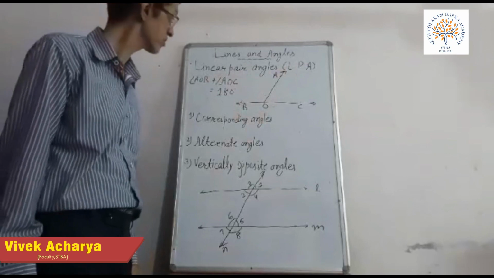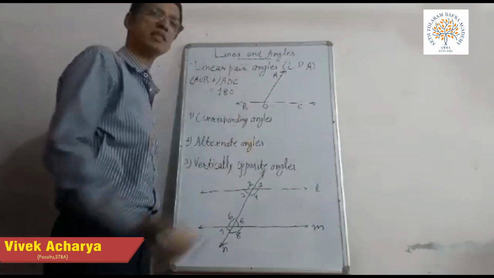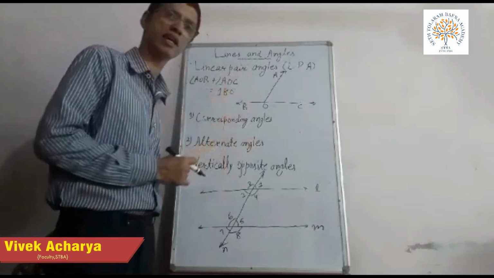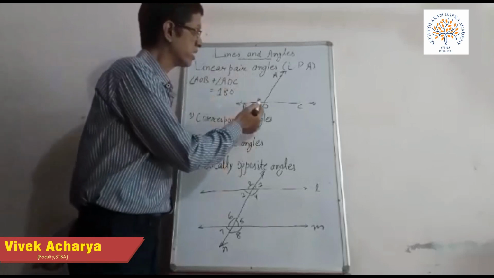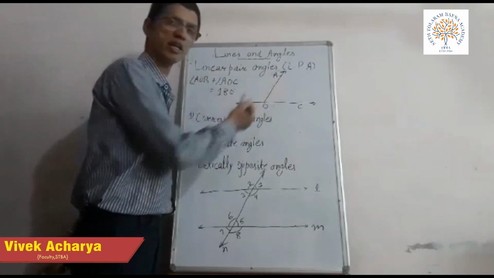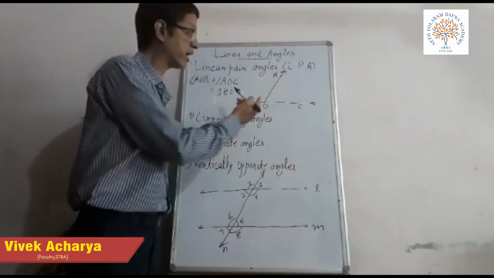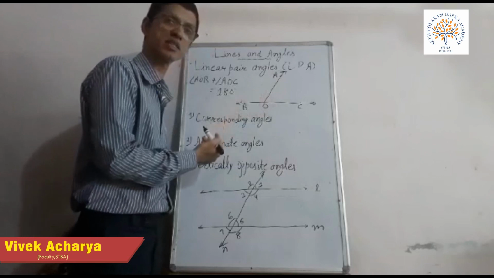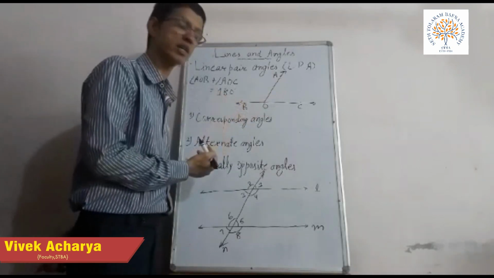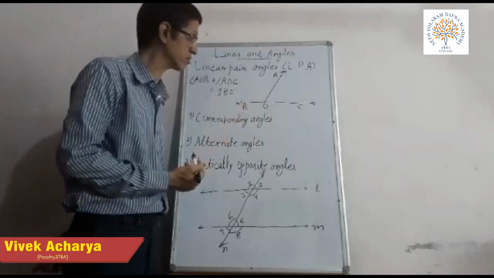Before understanding linear pair angles, you should understand adjacent angles. If two angles have a common ray, then they are called adjacent angles. And if two adjacent angles have a sum of 180 degrees, then you will say that they are linear pair angles.